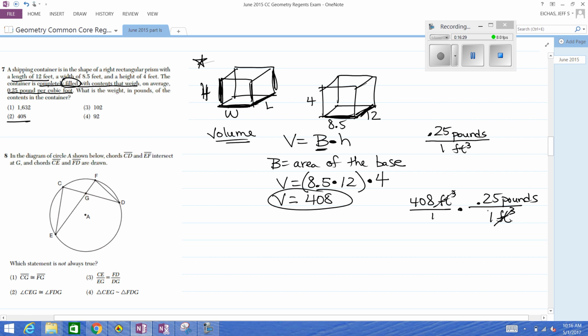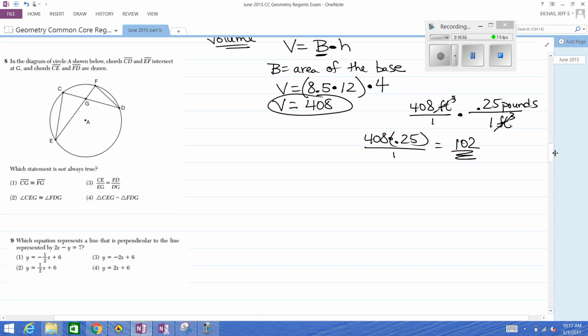And what we're left with is whatever we get when we do 408 times 0.25 divided by 1. Okay, so let's try that. Oh, I could do that in my head. It's probably 102, right? So a quarter of 408 is 102. Now that's how many pounds would be in the container right there. So that's what we're looking at.